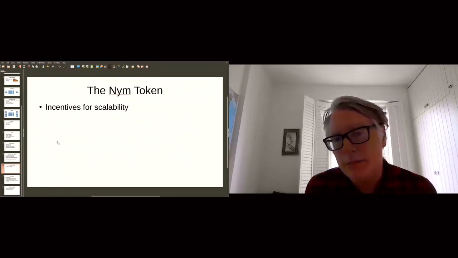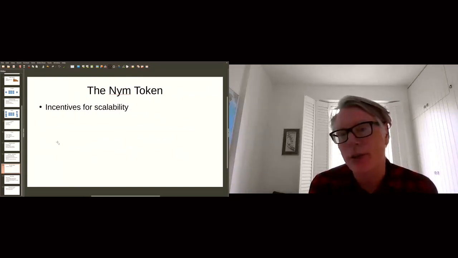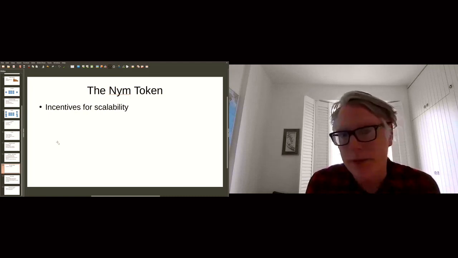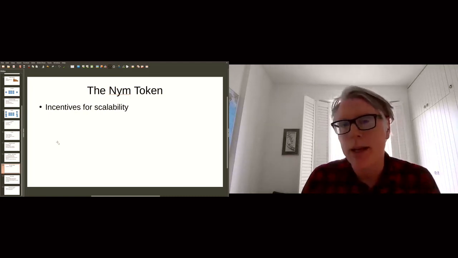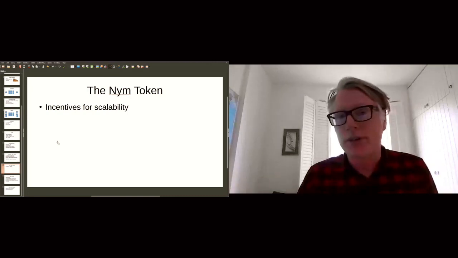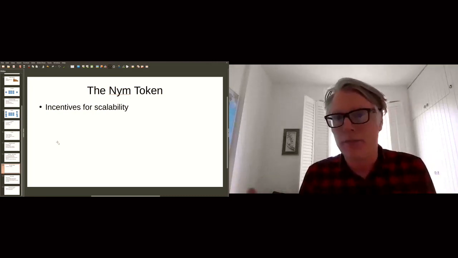Lastly, the last technology is the Nym Token. What the token does is it solves some problems that earlier privacy systems have had with scalability. So Tor, for example, which is the most useful general purpose privacy system on the planet today, has about 6,000 to 7,000 nodes, and they've had that many for many years.